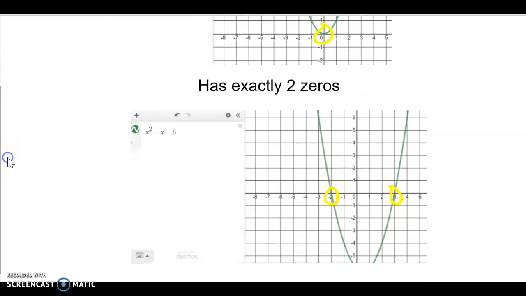Whereas this problem, if I go and I type it in, I see it has exactly 2 zeros. I have a 0 right here at -2 and a 0 right here at 3. So if it asks you which ones have exactly 1 0 or which ones have exactly 2 zeros, you just go to Desmos and see what your x-intercepts are.